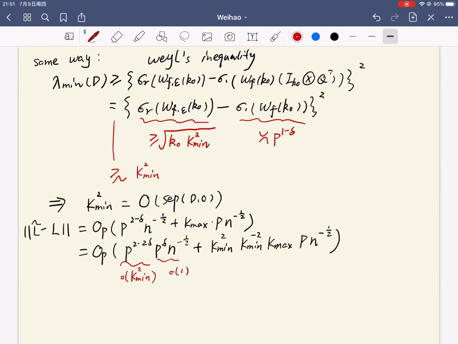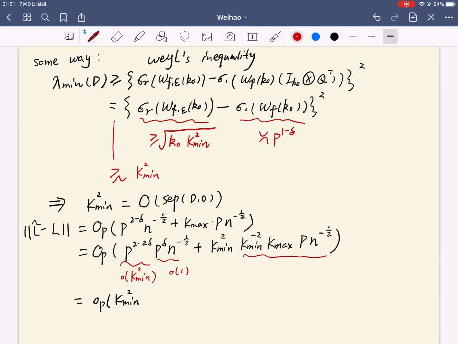So the second term dominates the first term. We have little o in probability of kappa min.